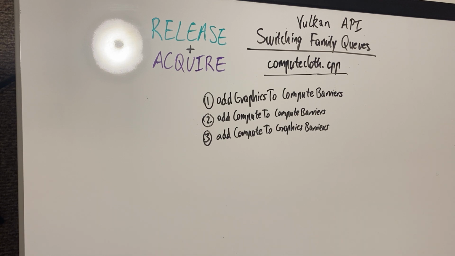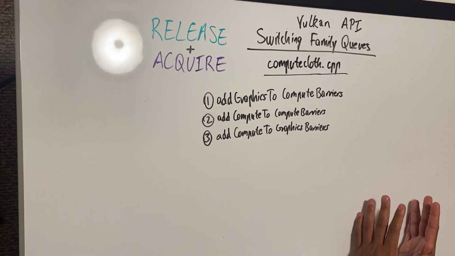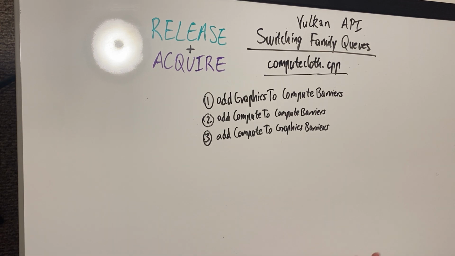On older GPUs, the graphics queue family and the compute queue family are separate and distinct. So it's two separate queue families. On more modern GPUs, the graphics and the compute queue family is the same queue family.